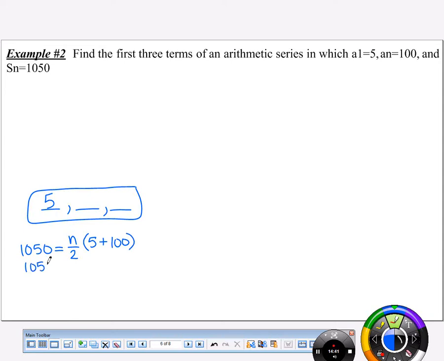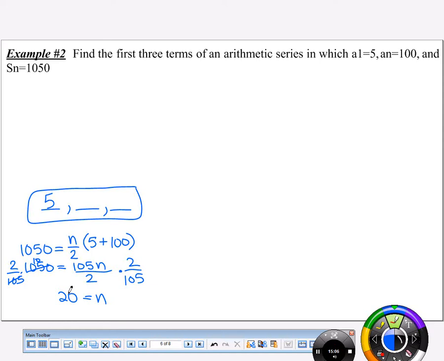So we have this equation. I'm going to multiply both sides by the reciprocal of that fraction to get n alone. I can see that 105 goes into 1,050 10 times. So this is the sum of the first 20 terms.